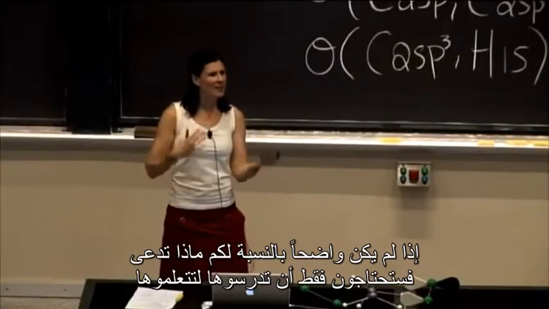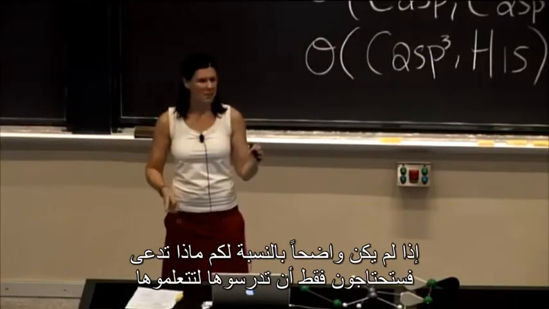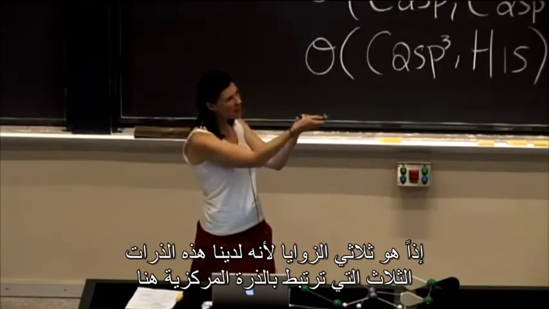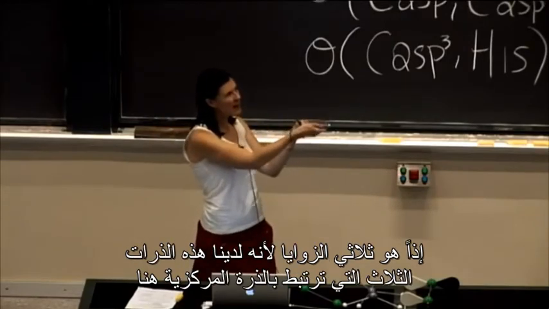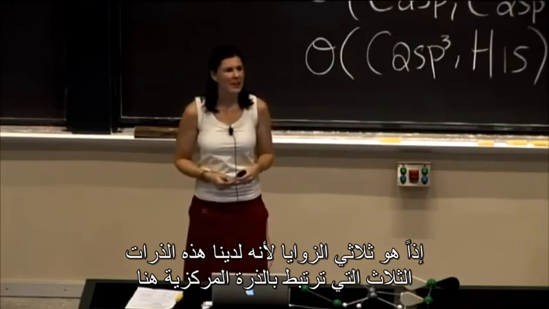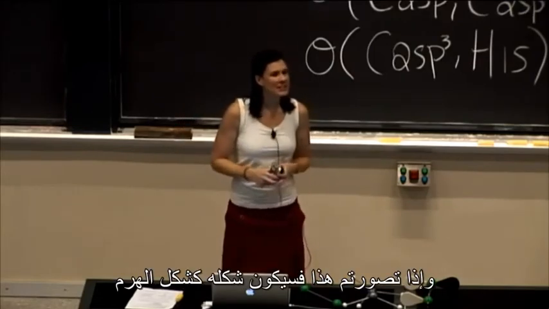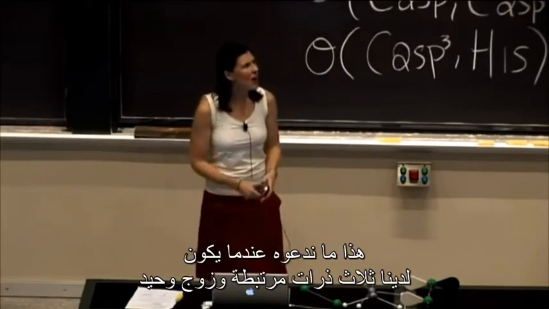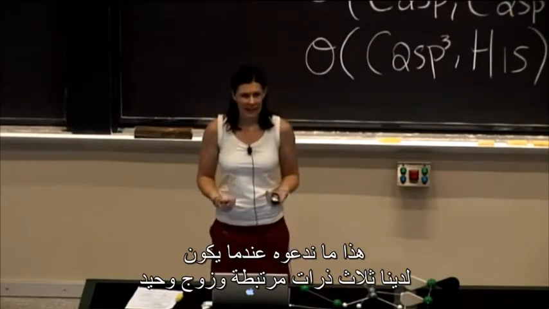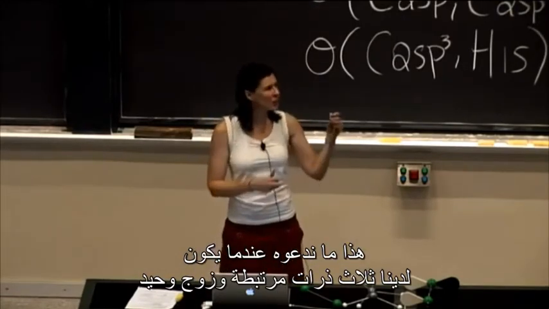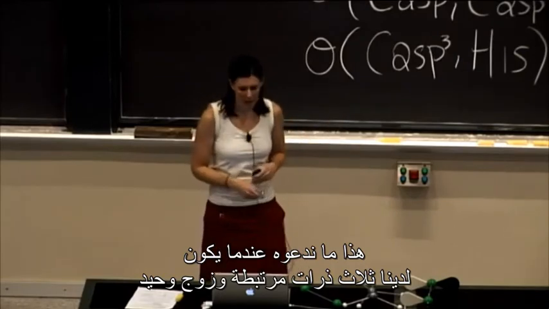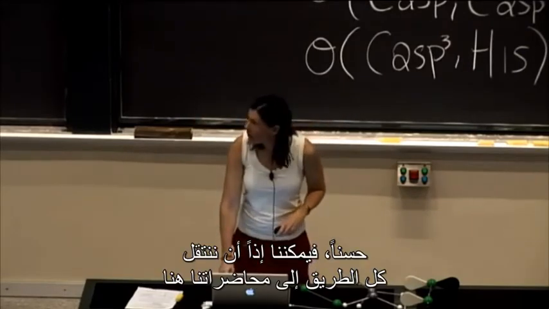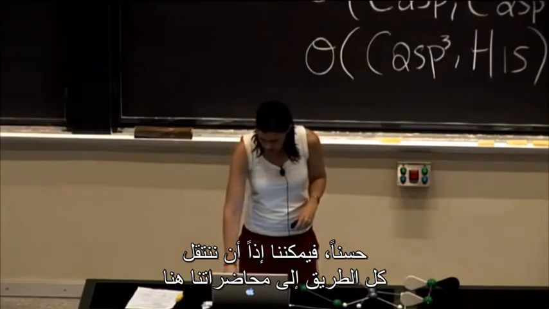If they're not obvious to you what they're called, you need to just study them and learn them. So it's trigonal because we have these 3 atoms that are bound to the central atom here. And if you picture it, it's actually shaped like a pyramid. So it's trigonal pyramidal. That's what we call when we have 3 bonding atoms and 1 lone pair. All right, so we can switch all the way back to our notes here.